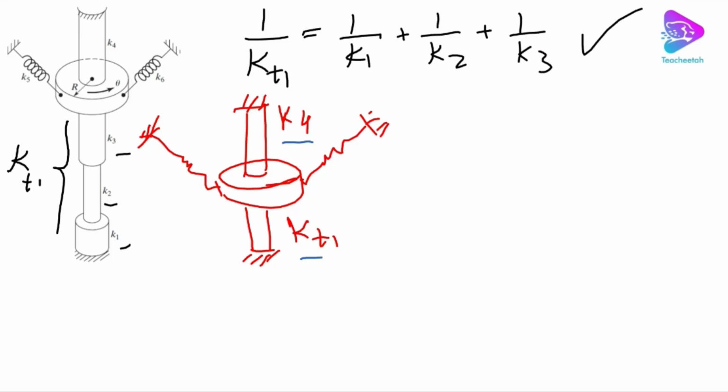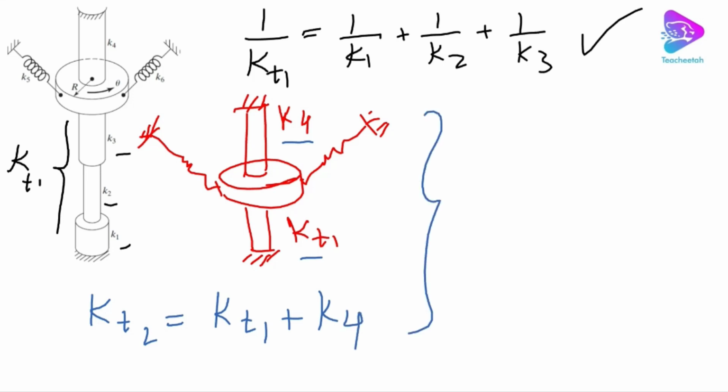So instead of these two, we can have KT2, for example. So what is KT2? KT2 is the equivalent for KT1 and K4. Because the system is in parallel connection, we have KT1 plus K4. That's it, right?